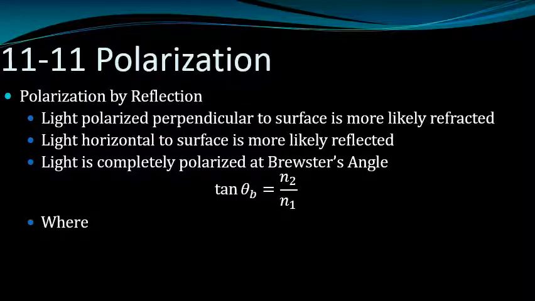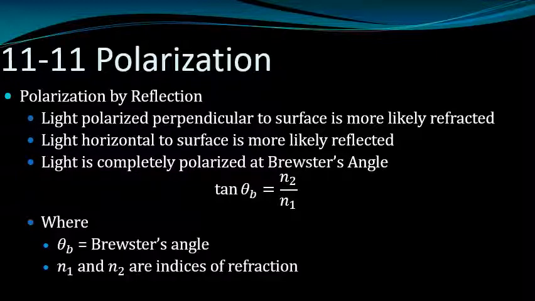Light is completely polarized at Brewster's angle. And that is found by tangent of the angle equals n2 over n1, where we have Brewster's angle and the indices of refraction. And I don't have an example on that, but yeah.